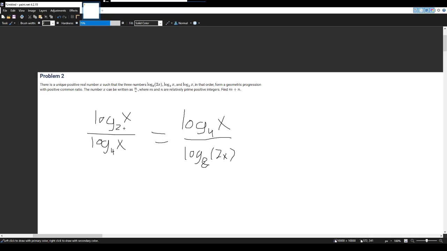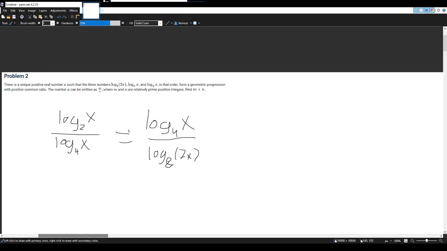With problems like these, logs can be kind of tricky, but they behave a lot nicer when they're all in the same base, which here they aren't. Sometimes it's not very easy to convert the logs to different bases, but here they're all powers of 2. So I think that gives you a hint that you're probably going to be able to convert them pretty easily.